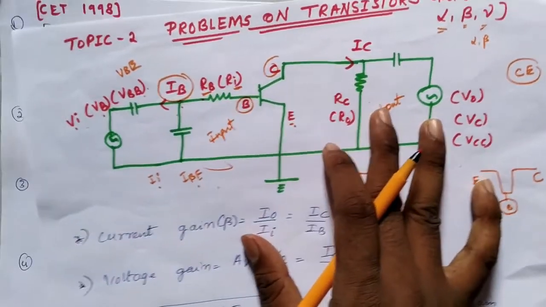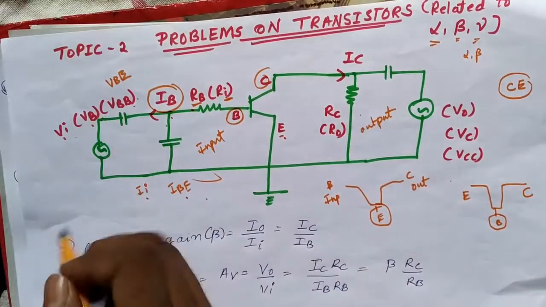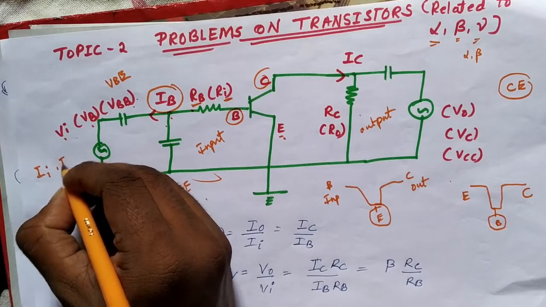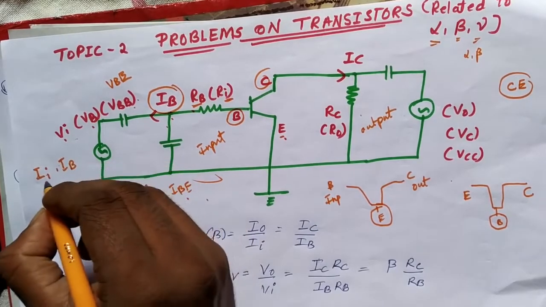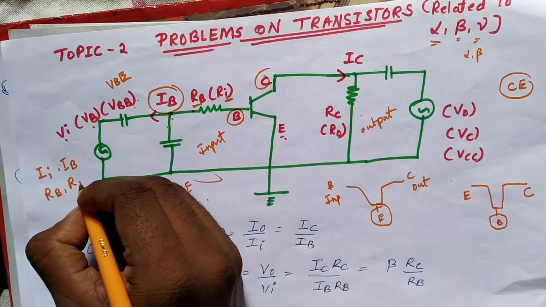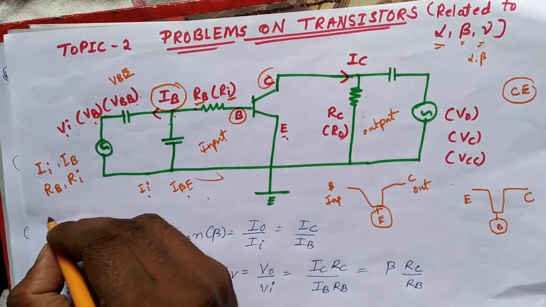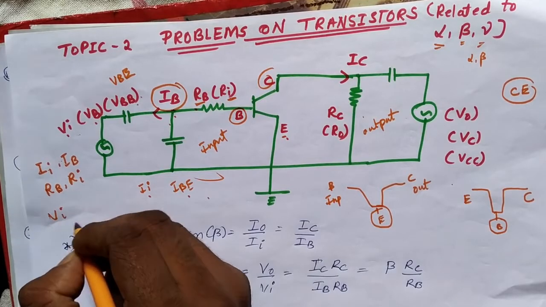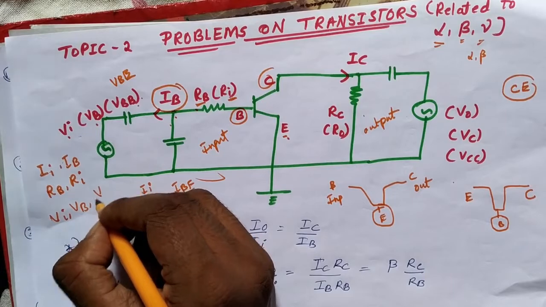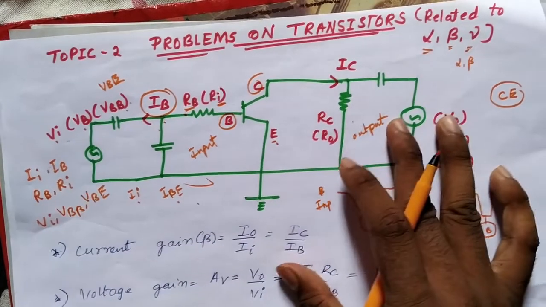Okay, come on once again. Here input current is considered as I input or I base. Input resistance is considered as RB, that is base resistance, or RI, that is input resistance, and input voltage is considered as VI, input voltage, VB, base voltage, VBB, base voltage, or VBE, input voltage.